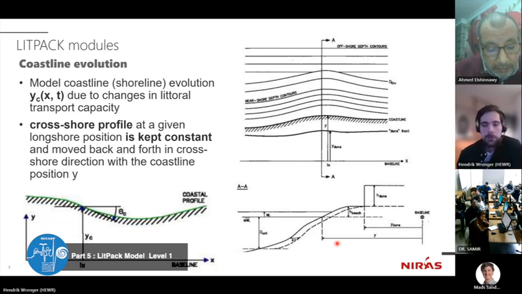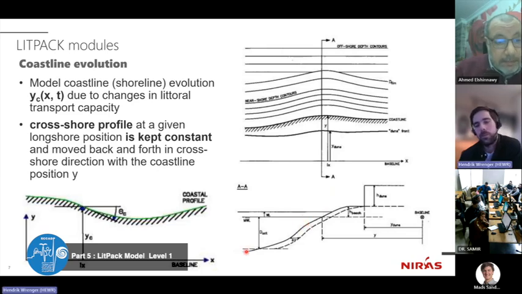So of course, I'm making a mistake when I use this profile evolution tool and I model maybe 40 years, and sometimes there's a storm, a bar develops, and then the bar disappears again. Because while there is a bar, the littoral transport probably has a maximum at the bar, whereas in other conditions it's more evenly distributed.